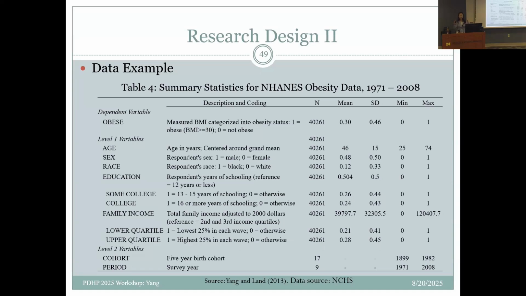At level 2, the higher-level units, we have birth cohort, 17 5-year birth cohorts, and 9 survey year periods. So this clearly shows the multi-level structure of the data and the sample size at each level.